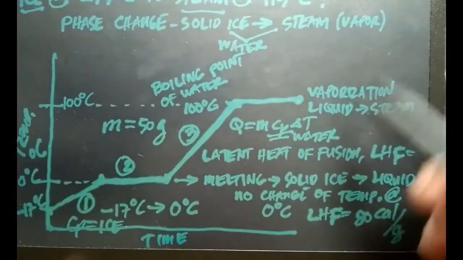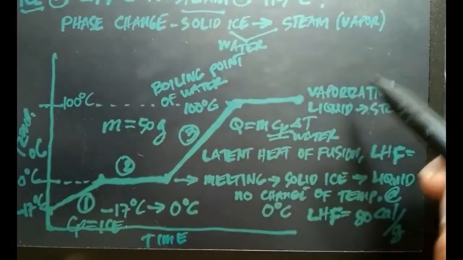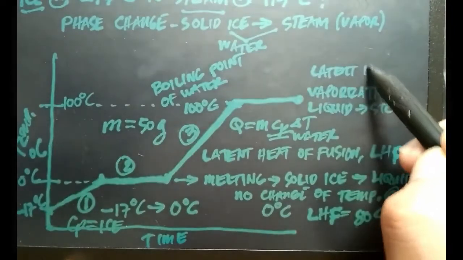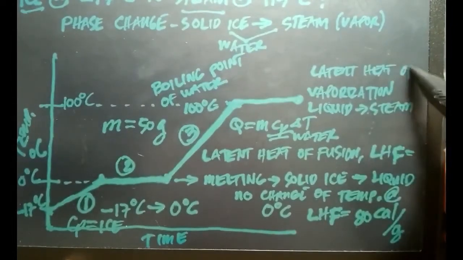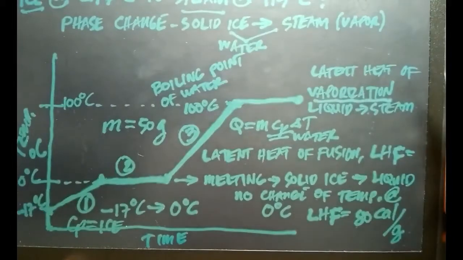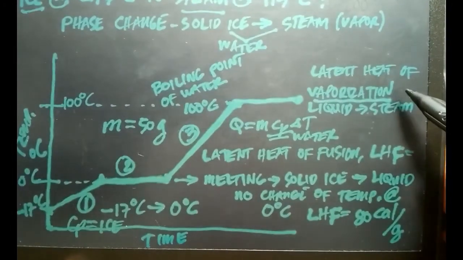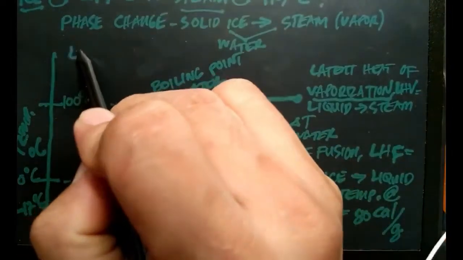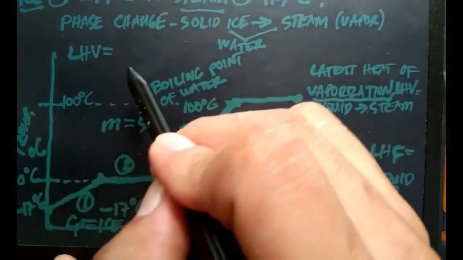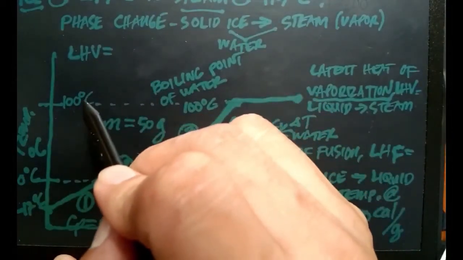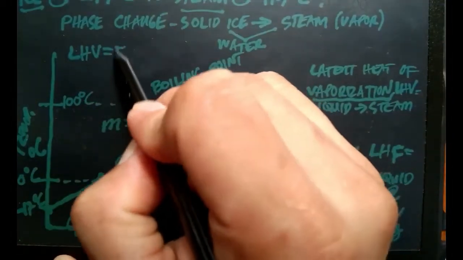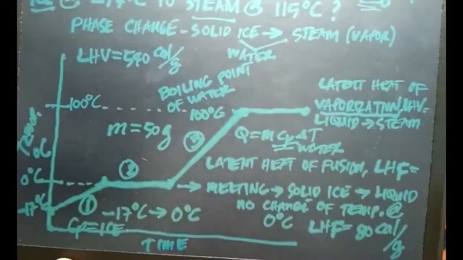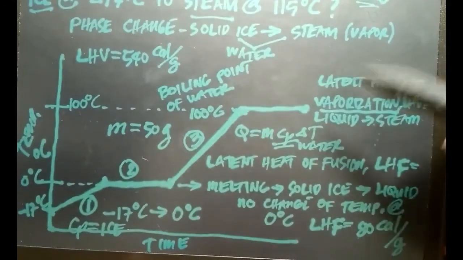In this process, we're going to change the liquid into steam. This latent heat of vaporization, or LHV, is 540 calories per gram, which we will use in our formula Q equals mass times LHV. And we'll call this phase number 4.